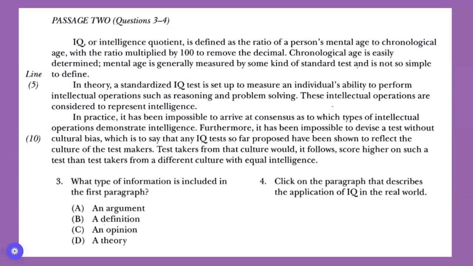Letter B. Correct? Letter B, a definition. And then we have here, click on the paragraph or choose a paragraph that describes the application of IQ. Paragraph 1, 2, or 3, the application.